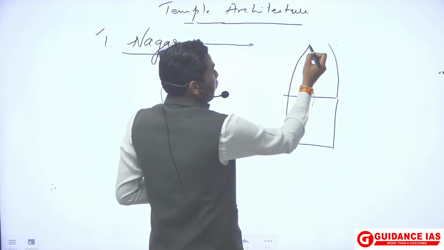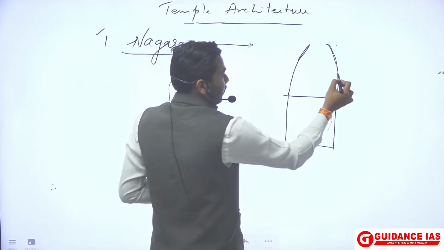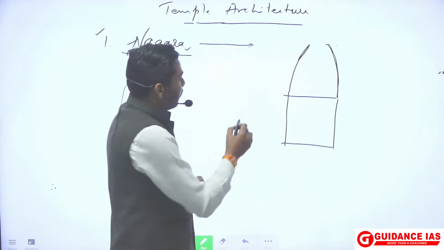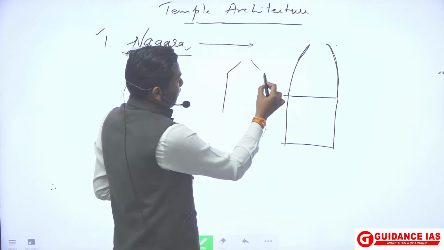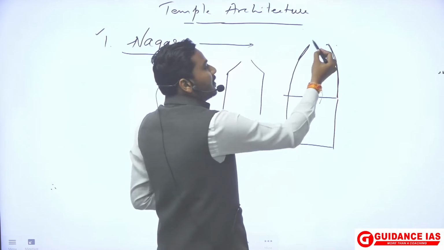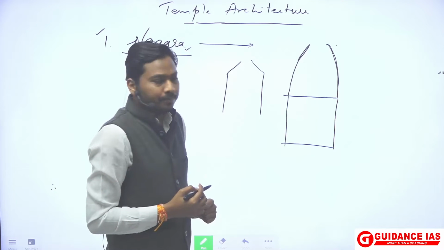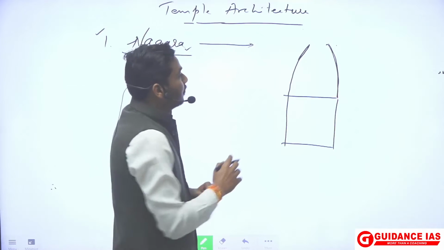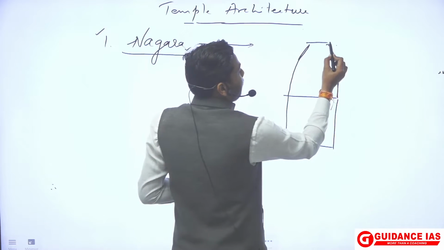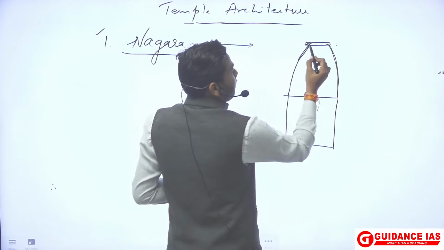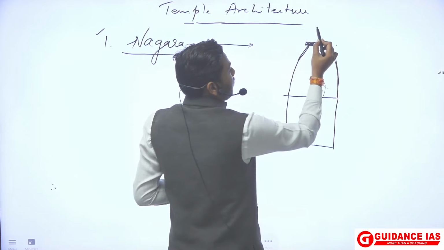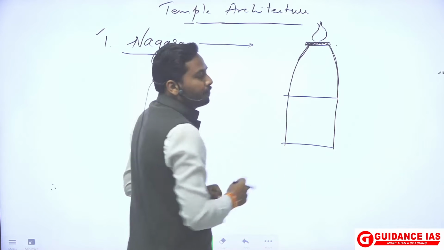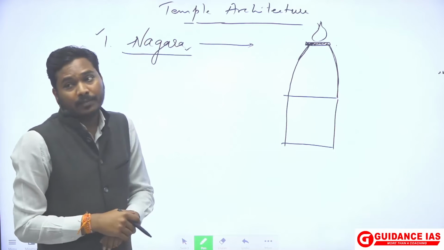Clear? It goes like this. It is not like a straight line. It curves gently towards the top. Above this Shikhar, there is Amlak, and above Amlak, there is Kalash. Clear? That is what we have seen.